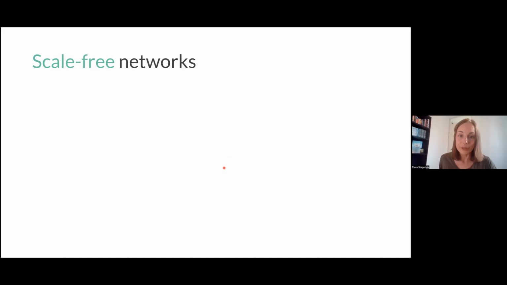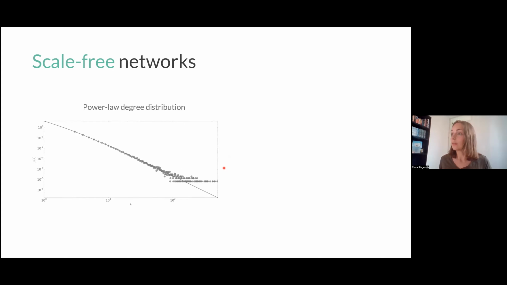And one choice of the degree distribution that we as mathematicians very often make is we assume that the degree distribution follows some sort of power law or another heavy tail distribution. One reason is that for many networks, the degree distribution seems to have some sort of heavy tail, whether it's exactly a power law or not, which can of course be debated.